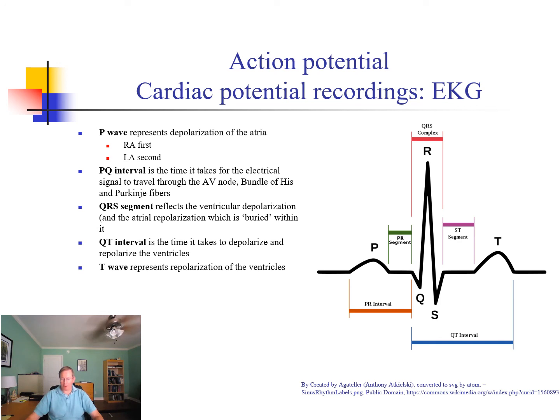Remember, I said that there was just this little pause, and that's indicative of this. Once I have depolarized my ventricles and repolarized my atria, I'll then have to repolarize my ventricles, and that's a T wave.